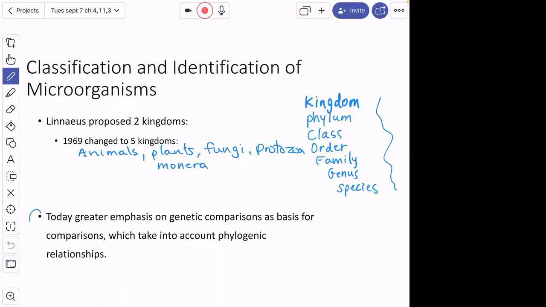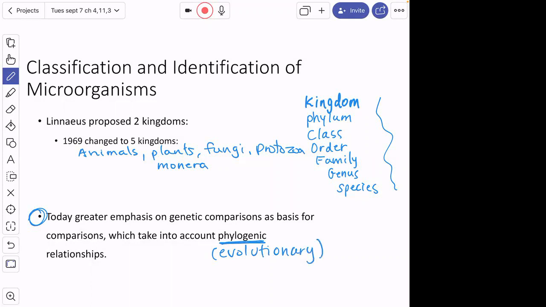But today we're putting a much bigger emphasis on genetic comparisons and more molecular means to put organisms into similar groups, because these genetic comparisons take into account phylogenetic relationships. That's a fancy way to say evolutionary relationships.